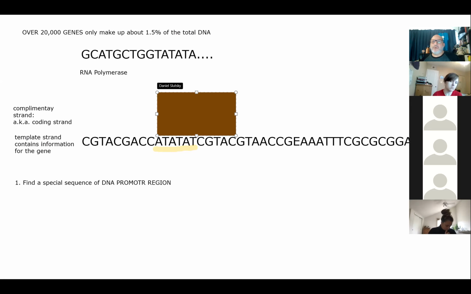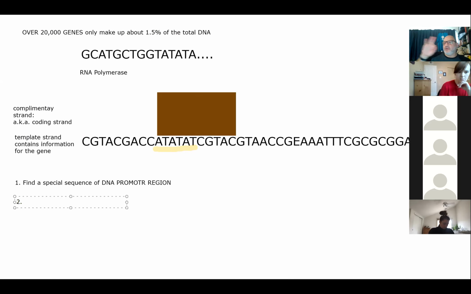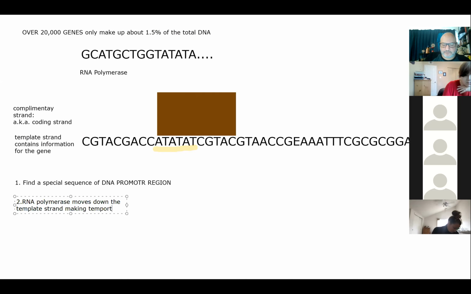Now, once it binds to the DNA, then step 2 is going to be elongation. Elongation is where our RNA polymerase moves down the template strand making that temporary copy of the DNA.